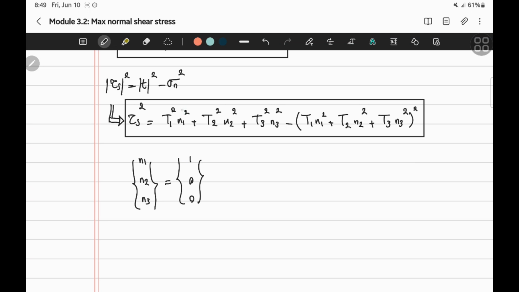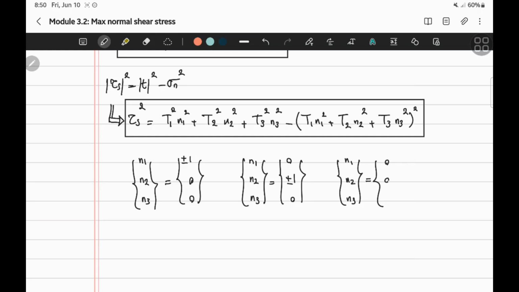And since these are even powers, also minus 1 works. So again, if you put n1, n2, and n3 equal to 0, plus minus 1, and 0, you get tau s equal to 0. And n1, n2, and n3 equal to 0, 0, plus minus 1, again gives tau s equal to 0.